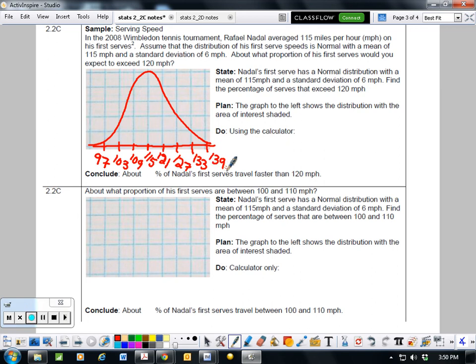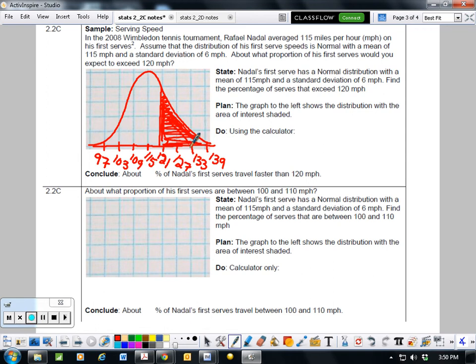Okay, so we want to know what percentage exceed 120 miles per hour. So I go ahead and draw my curve, I shade because that's the appropriate way to do your problem. And now we're going to go ahead and use our calculator. Now, usually we'd go to z-score and we could use our calculator from there instead of our table, but our calculator is more powerful than that.